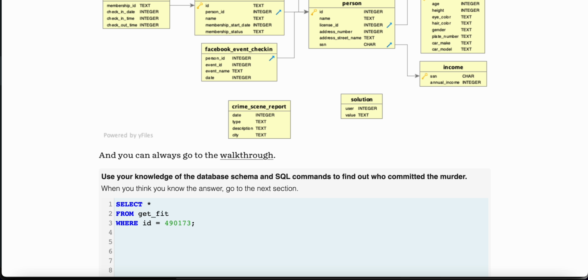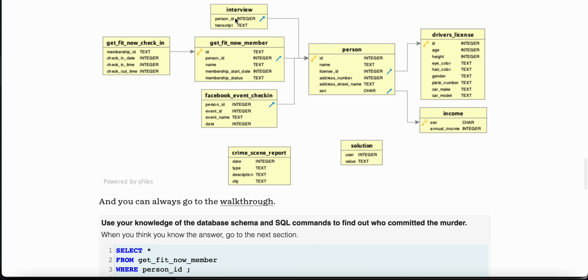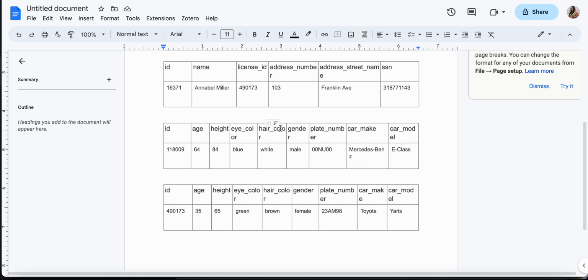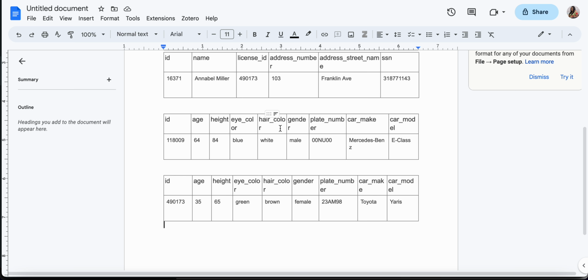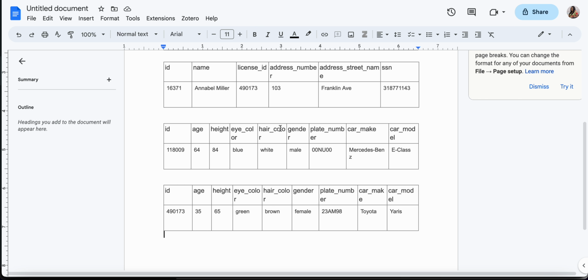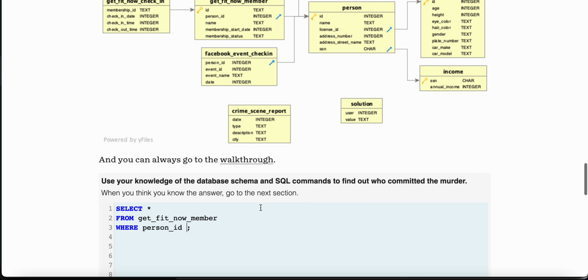Get fit now member, where the person ID is equal to 16371.